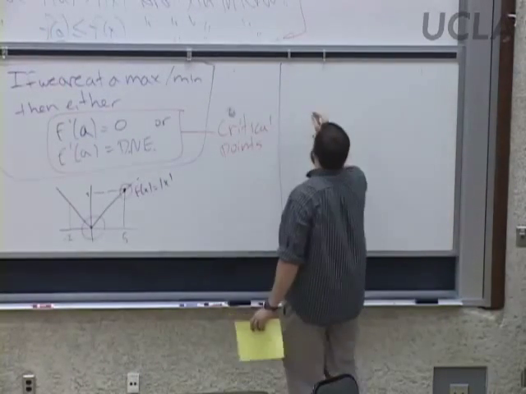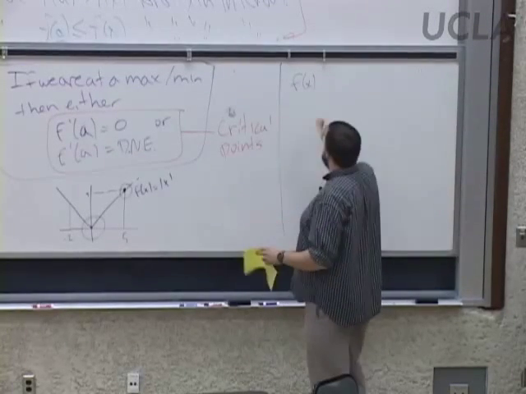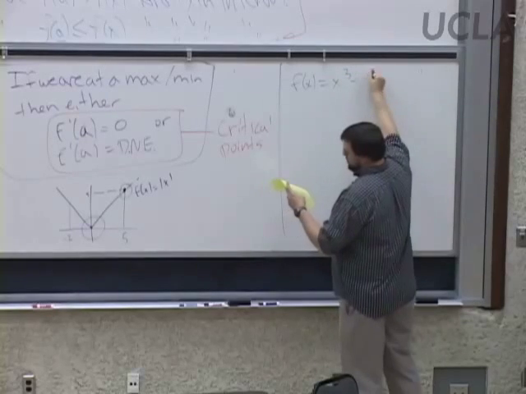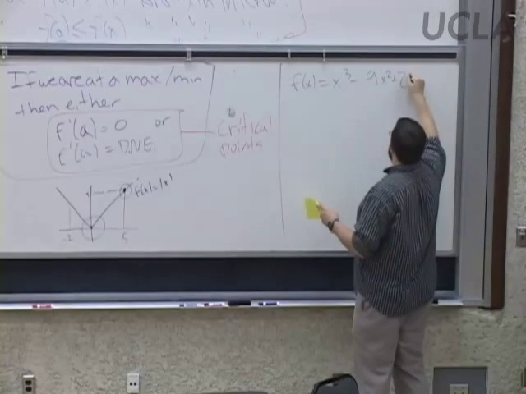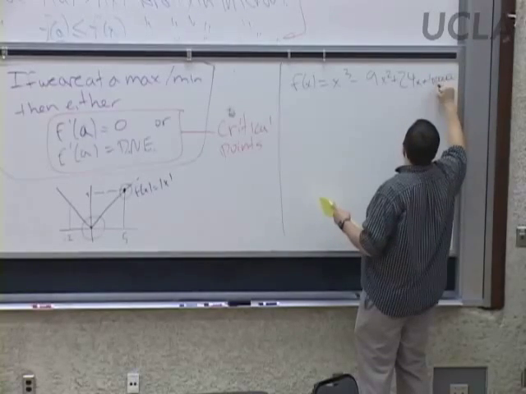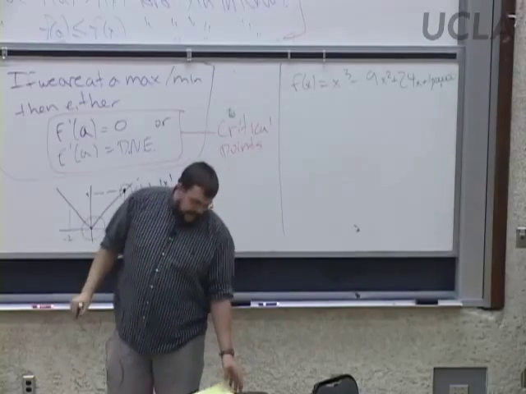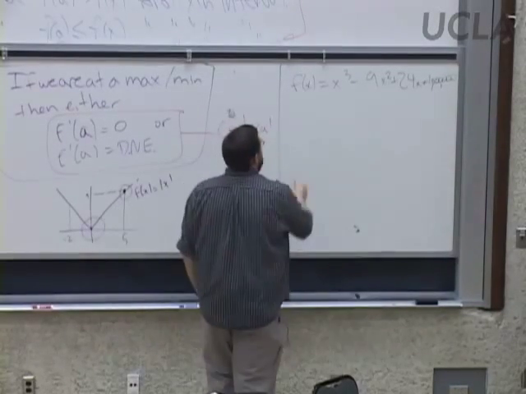So suppose I give you a function. F of x is x cubed minus 9x squared plus 24x plus 1,000,000. And I ask, where are the critical points?